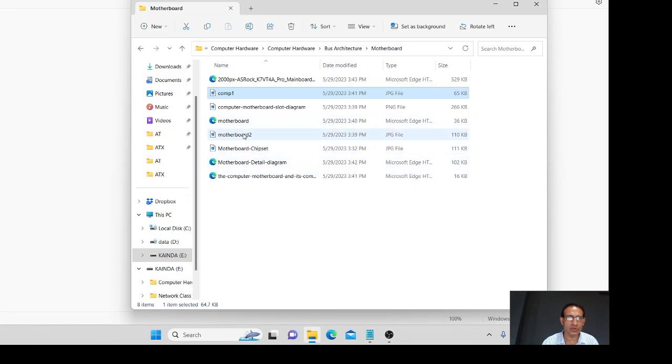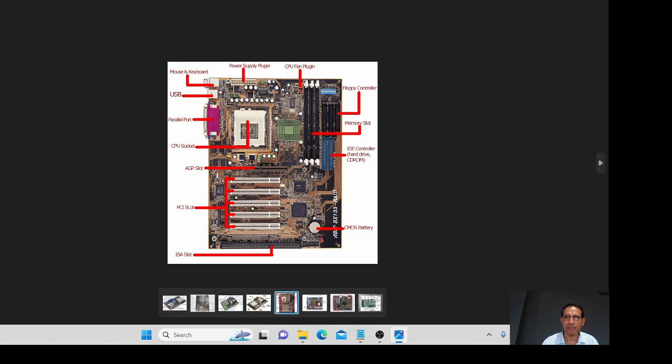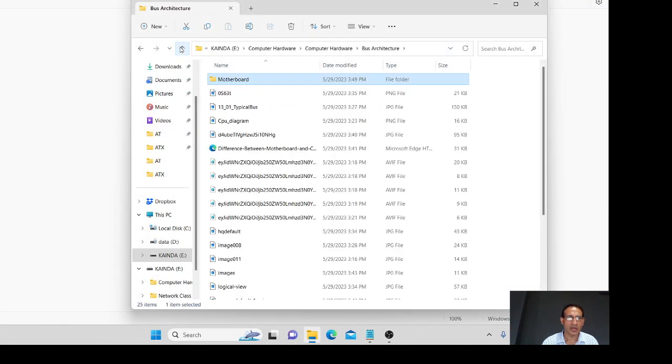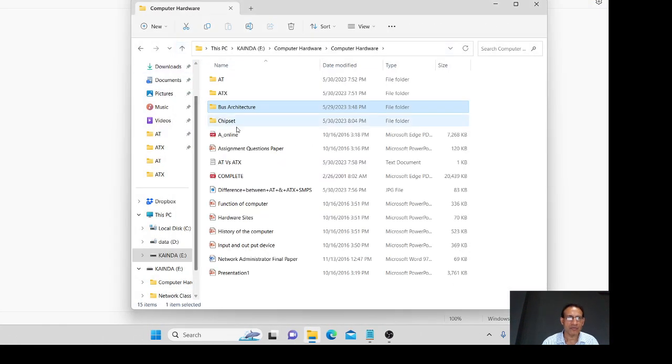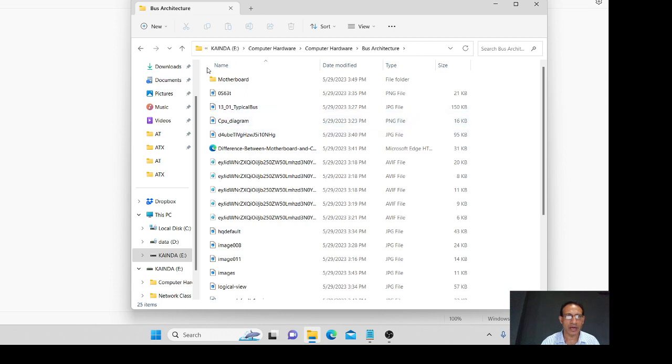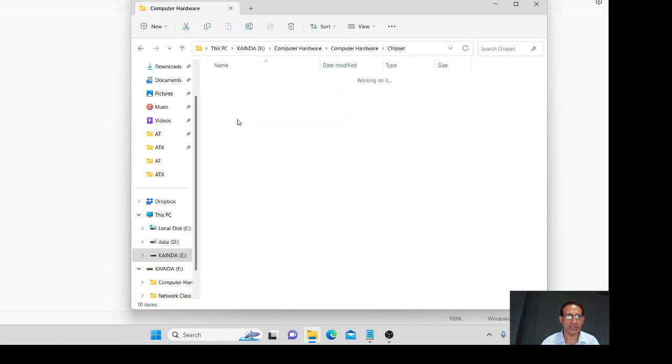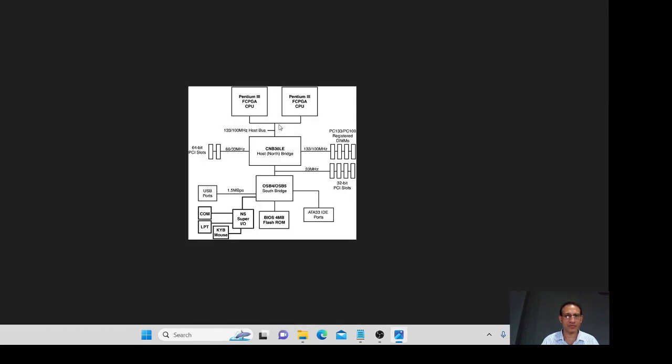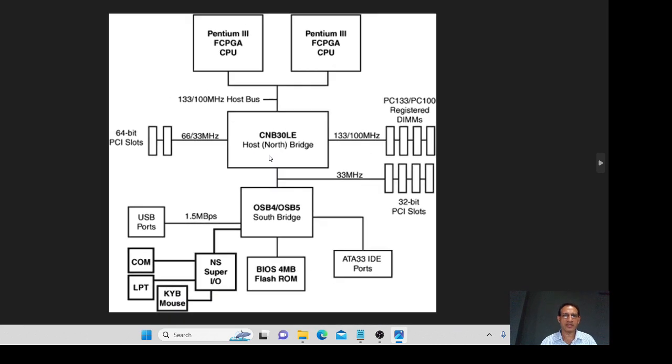Those are the motherboards. Yes, it's here in the chipset. So we can see that. This is the general format, so if we study the general format, you can apply it to others as well. Here are the north bridge and the south bridge.